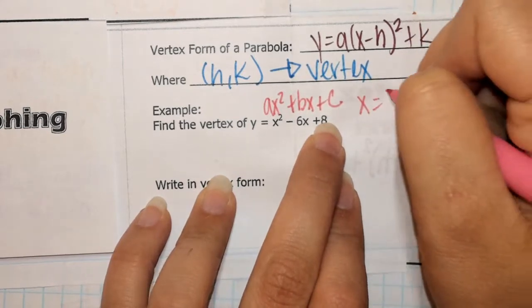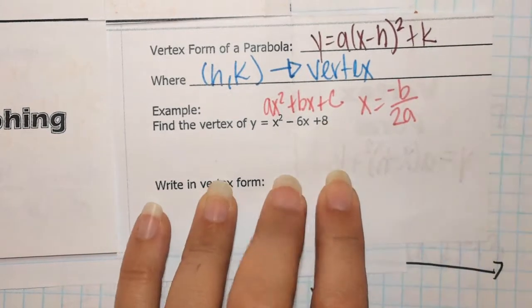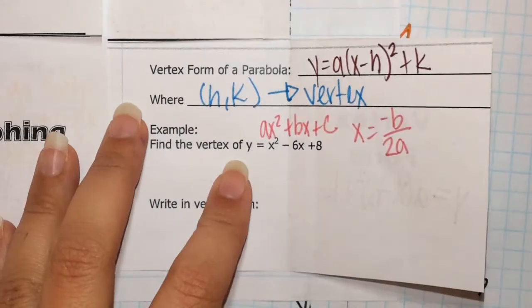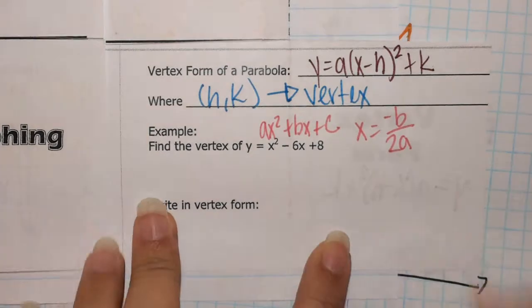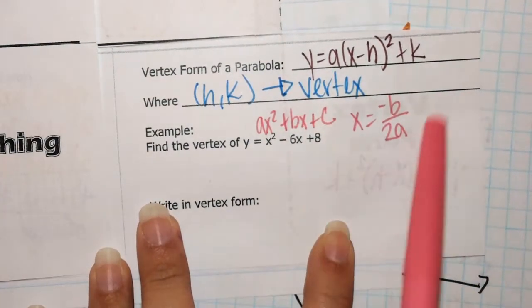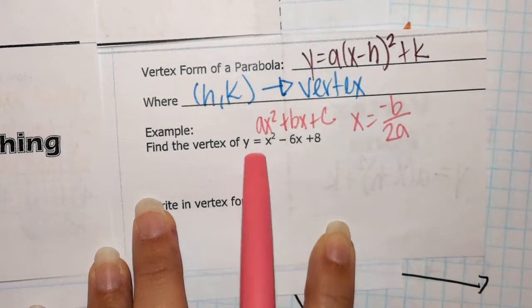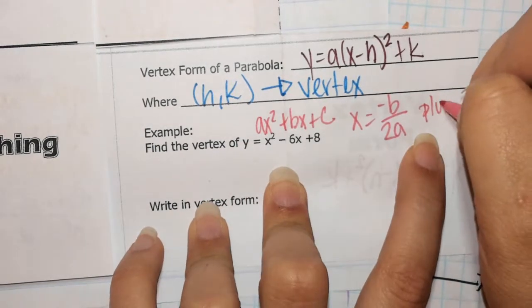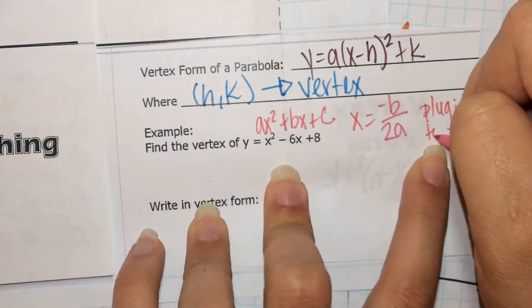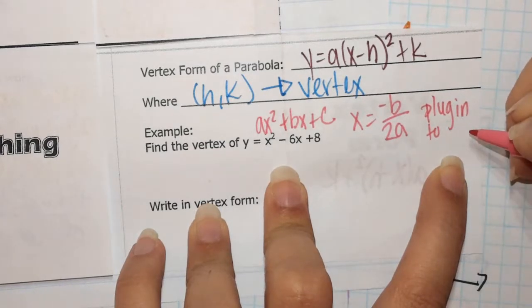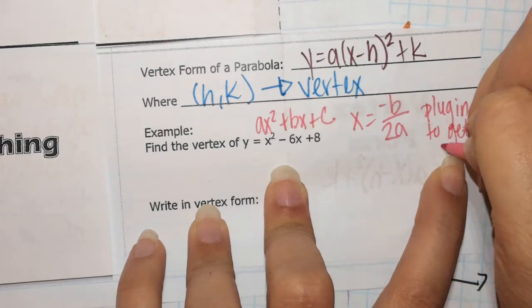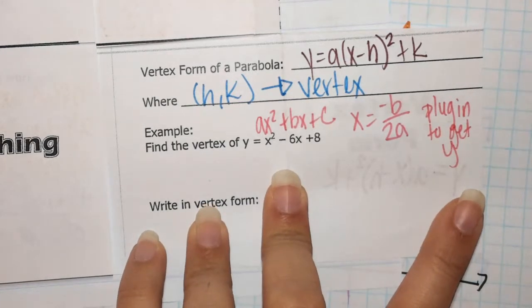So first you have to do the opposite of b divided by 2 times a. If you said either of those in your muttering and mumblings, please give your team a point. So remember, first you find your axis of symmetry, then you plug it in to get your y value. Do you guys remember that?